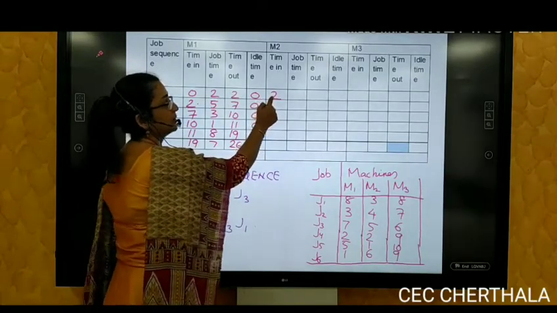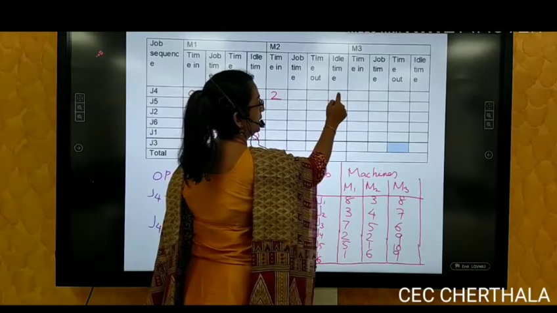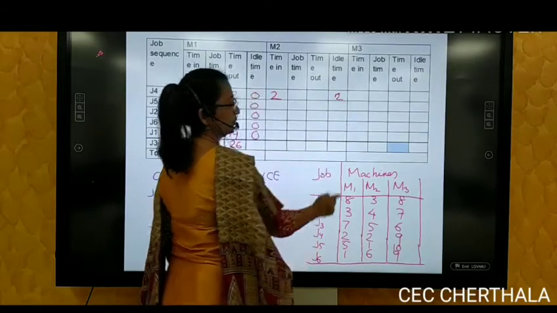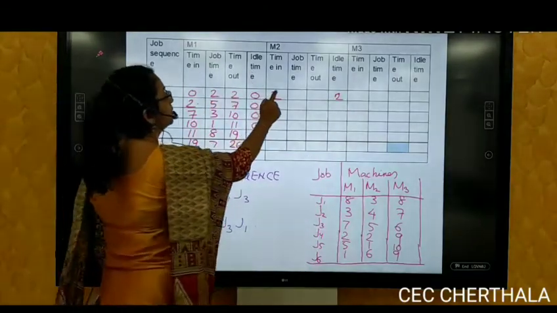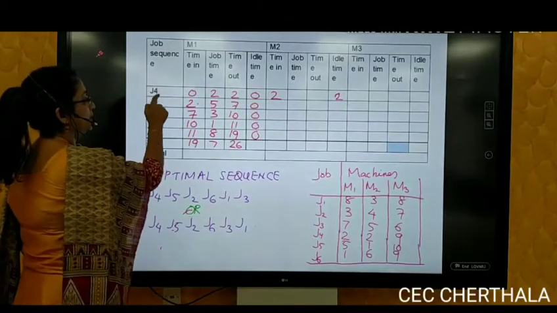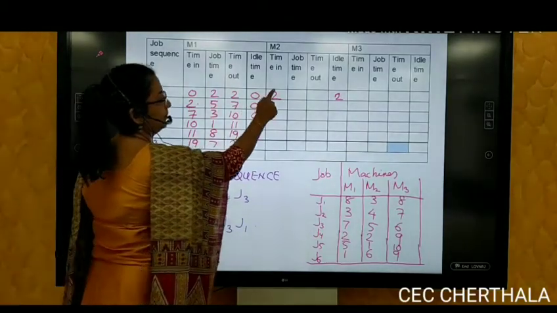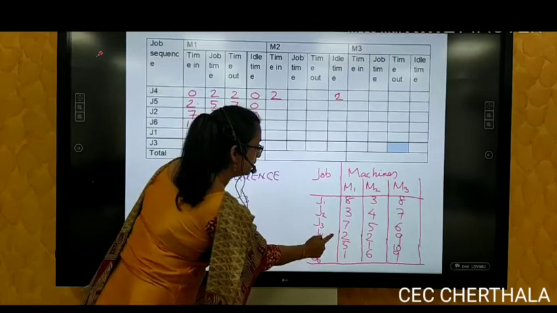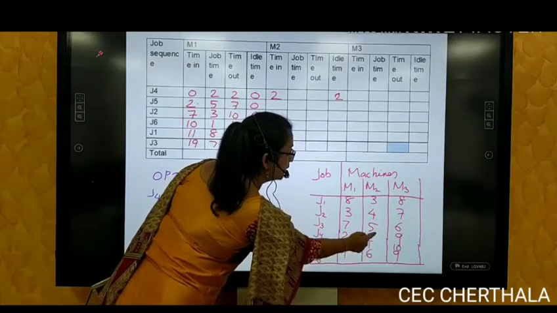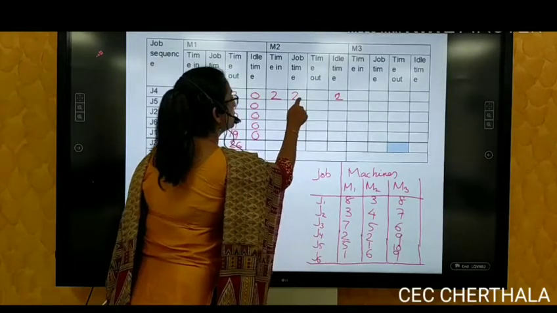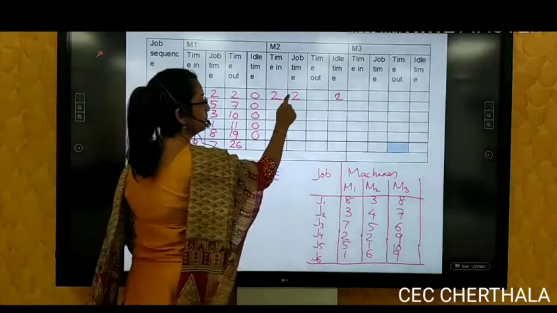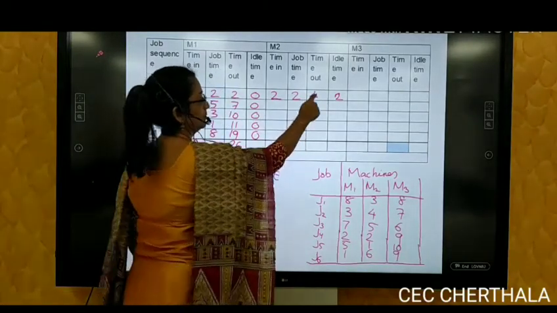Therefore the idle time is 2. Now the job time for J4 at machine M2 is 2 days. So job time is 2, and 2 plus 2, 4.